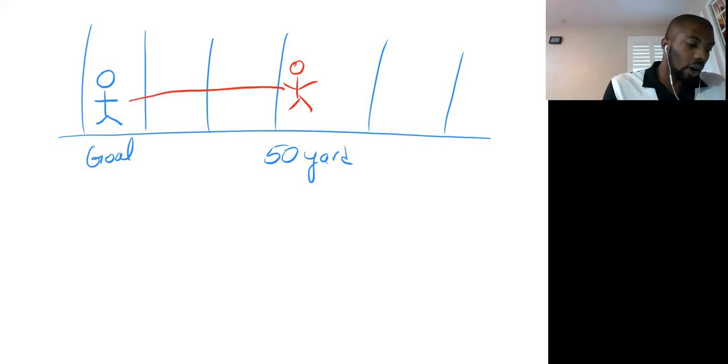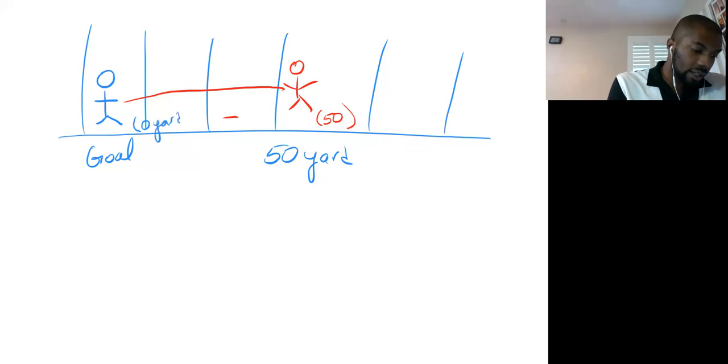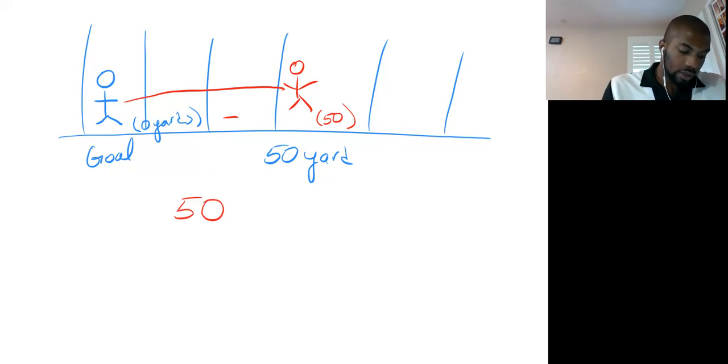It's simple. All you need to do is take one person's position, so let's say Roger's is at 50, and subtract my position, which let's say is the goal, 0 yards. So you take your starting position and subtract your ending position, and you get 50 minus 0.